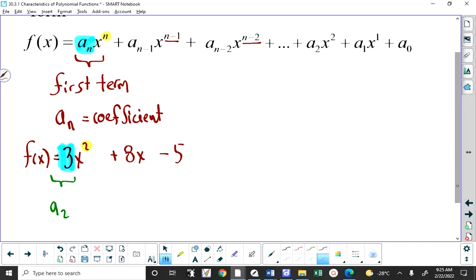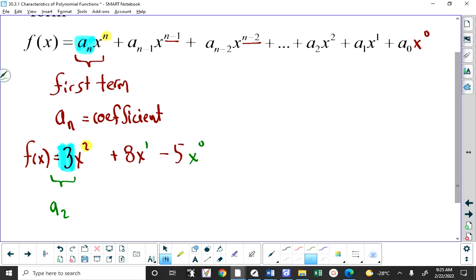And if you like, something times x to the 0, because x to the 0 is 1. In other words, everybody, quadratic functions are polynomial functions. We've got x to the 2, x to the 1, x to the 0, and there are coefficients in front of the terms.